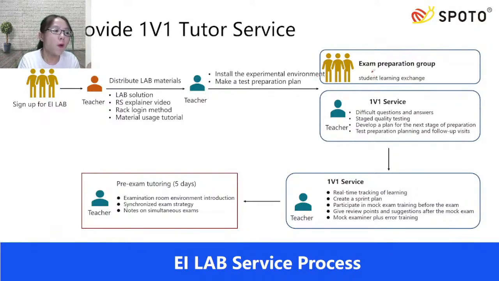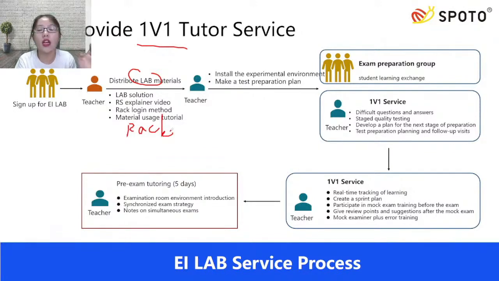First of all, we will provide one-to-one service at the VIP level, and we will distribute lab material, all study material that is the same as the exam content, and exercises, and the rack including iOS and the initial configuration and so on.